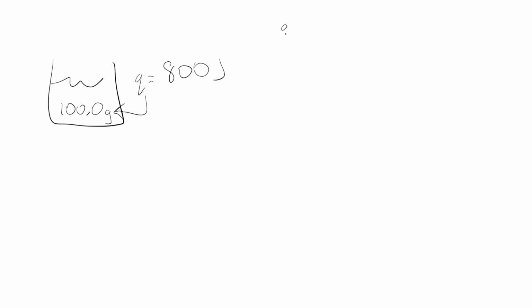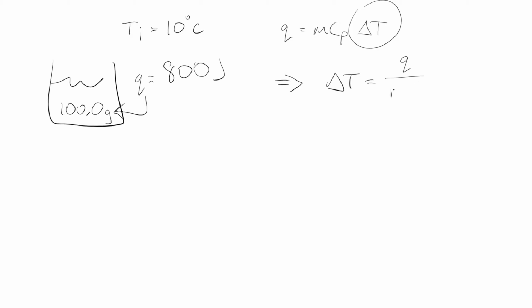So we again have Q is equal to m Cp delta T. I should mention that the initial temperature is 10 degrees Celsius. What is the final temperature of this water? We're going to try and find a change in temperature, so we rearrange this equation by dividing both sides by m Cp, and we get change in temperature equals Q divided by m Cp.